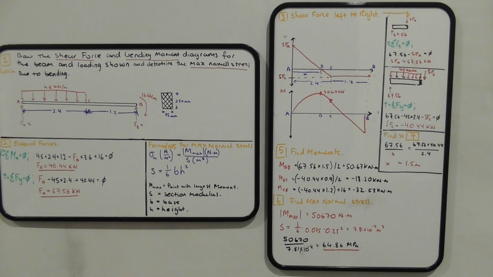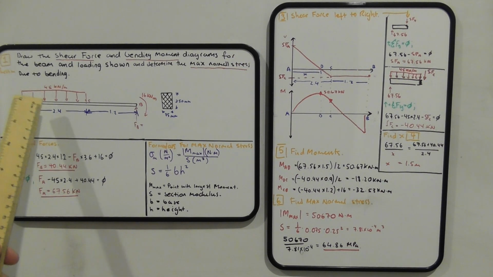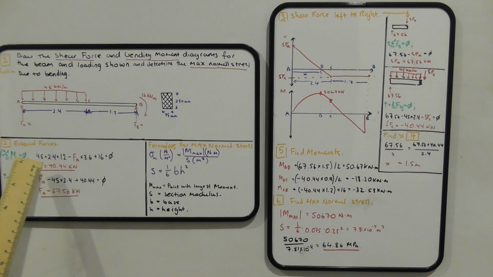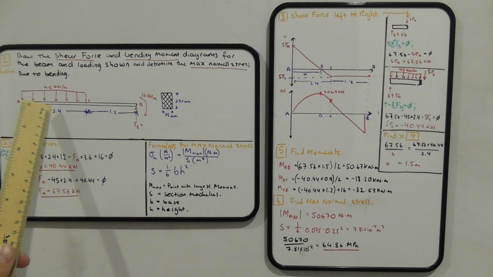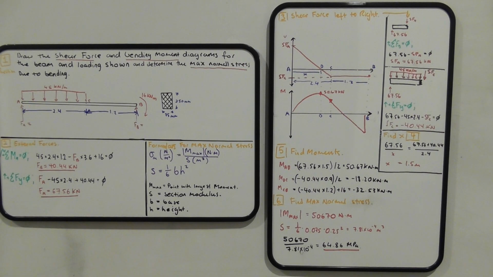Now before we do that, we need to calculate the external force members. We do that by using moment about A, and if you've done statics before, moment about A means it's 0. Then we go 45 multiplied by the distribution across 2.4, and then multiplied by 1.2, because that one as a single force member will be in the middle of that.